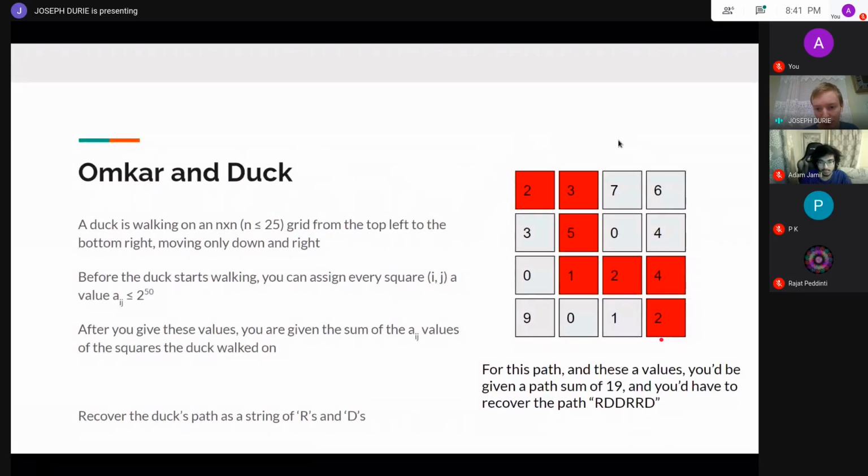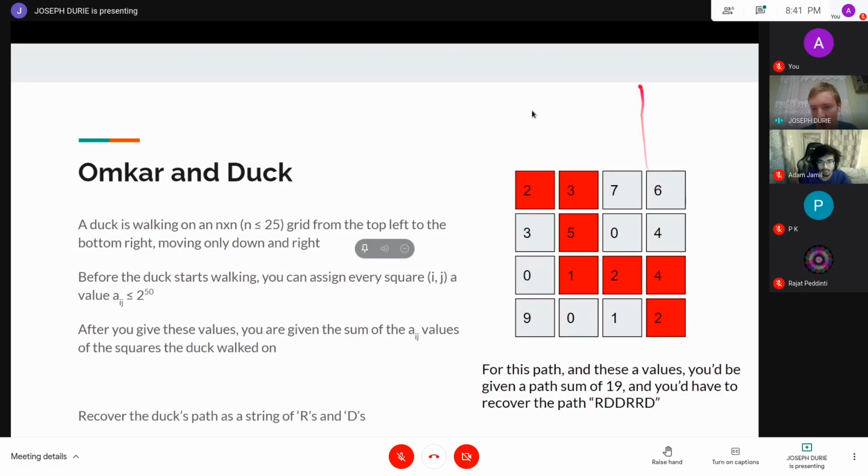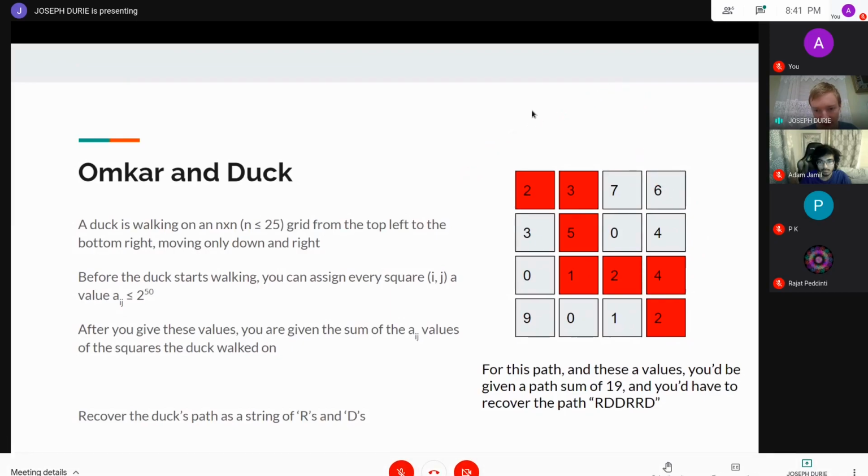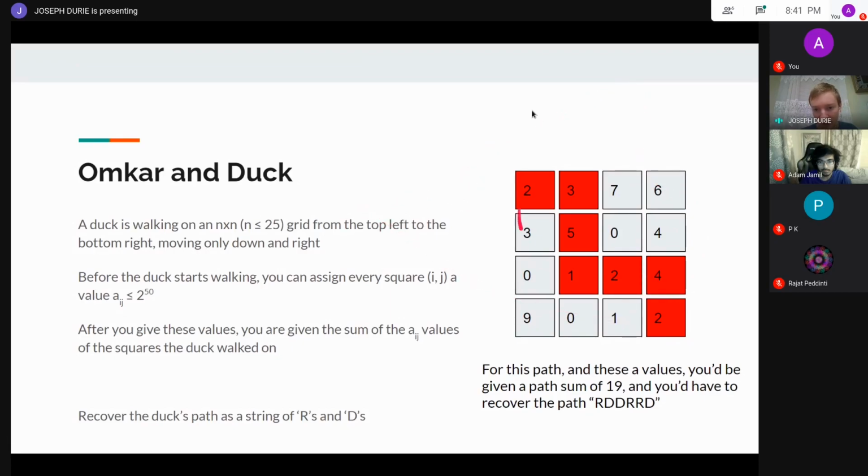So yeah, like I said, this is a very bad choice because you can't distinguish between, say, this path and this path where we go through the other three and then do the rest, right? Because they're both going to have a sum of 19. So we basically want some way of assigning a_ij values to these squares such that every path has a unique value that we can easily recover.